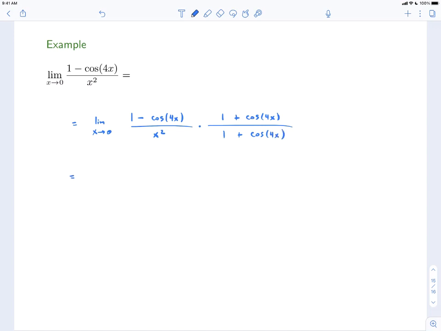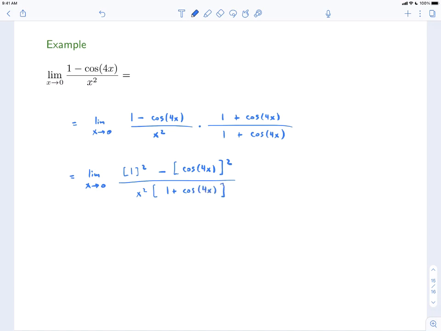So now we're going to have the limit as x goes to 0 of, and we just multiply a minus b times a plus b, and that's going to give us 1 squared minus cosine of 4x quantity squared, and all of this is divided by x squared times 1 plus cosine of 4x, like so.